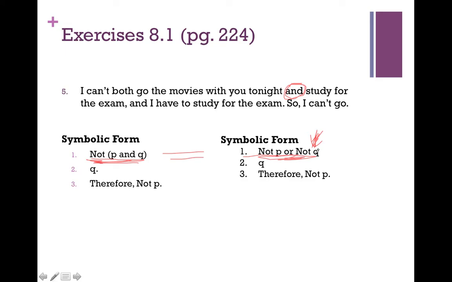So what I just said might have been a little confusing, sorry. These statements are logically equivalent, but the reason they're logically equivalent has to do in part with the way the word not is functioning.